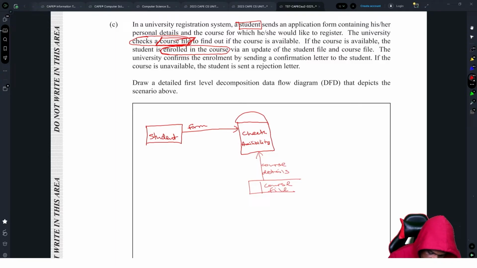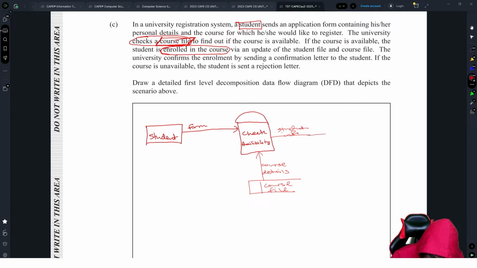The university checks if the course is available. If the course is available, the student is enrolled in the course. Let's think about this. Okay. So we'll say that if it's available, they'll send the same application details, student info.